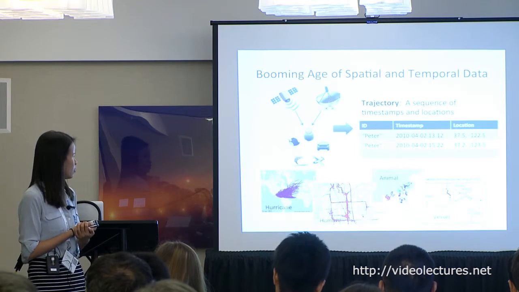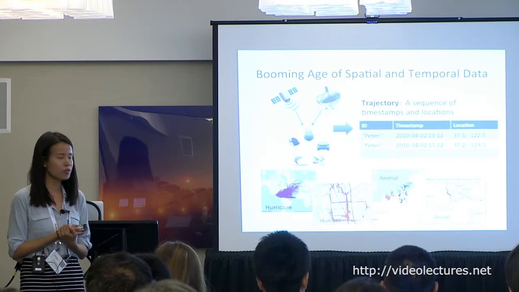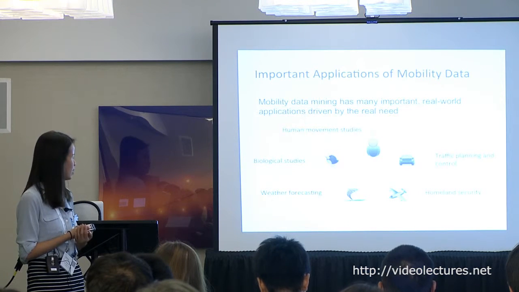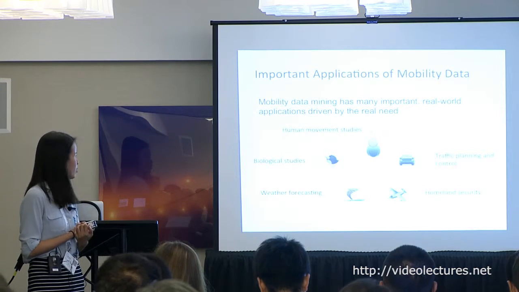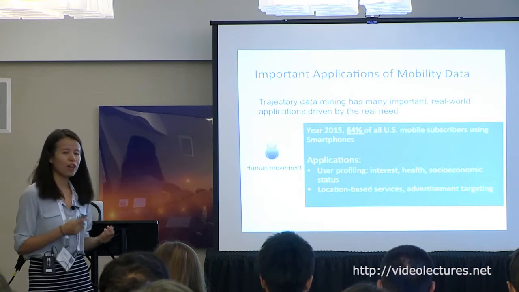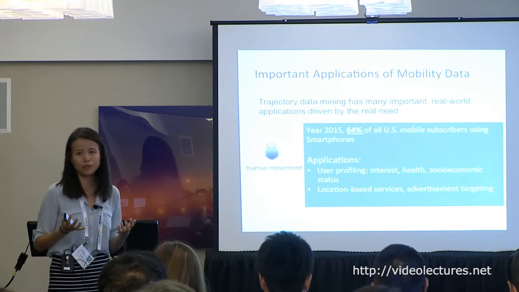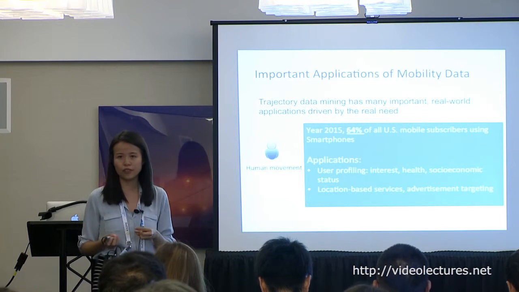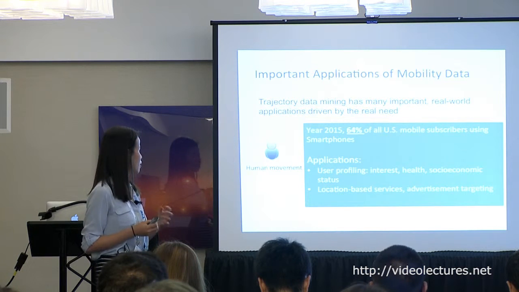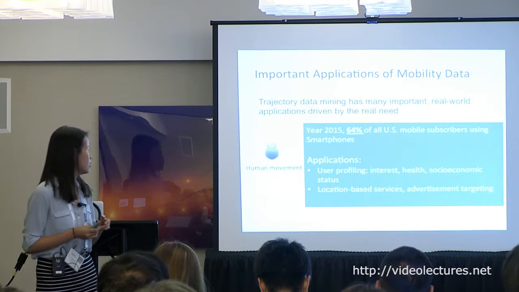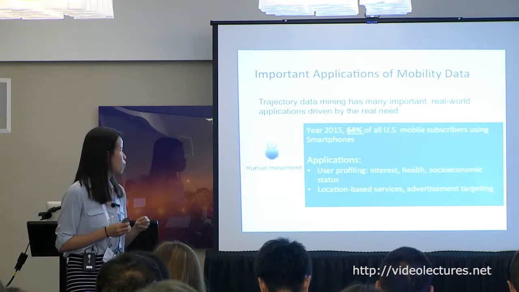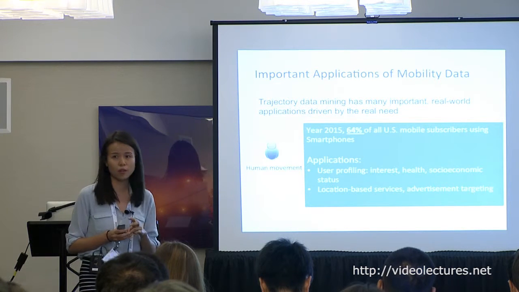And so there are many, many applications in using the trajectory data or mobility data. So I just name a few. So first, if we have a lot of human movement data, especially now with the wide usage of the mobile phone. In the US right now, by the end of last year, about 64% of all mobile subscribers are using smartphones.